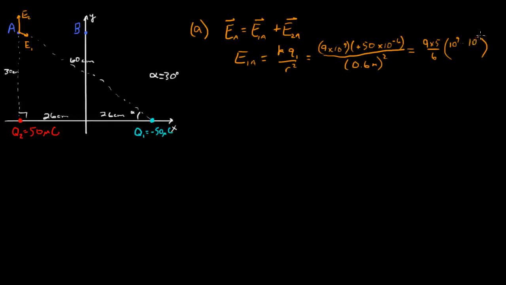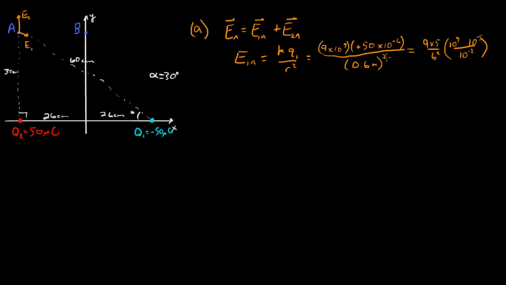And then down here, 6 squared. This was 6 times 10 to the minus 1, so 10 to the minus 2, because 10 to the minus 1 squared is 10 to the minus 2.